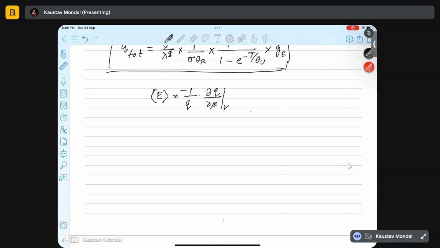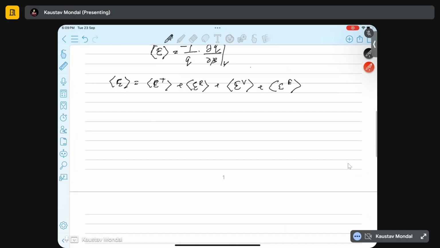So E would be simply the summation of E translational, E rotational, E vibrational, plus E electronic, right?